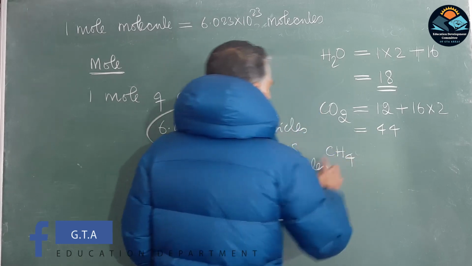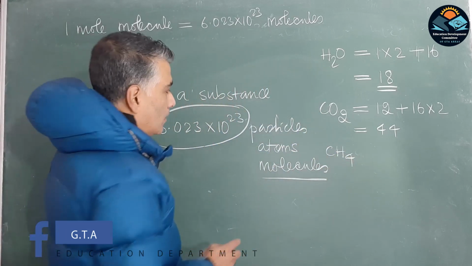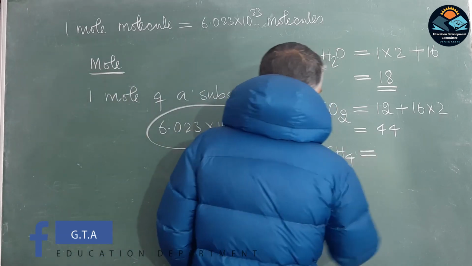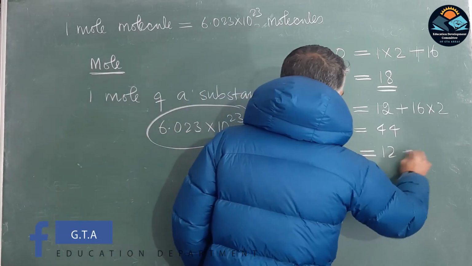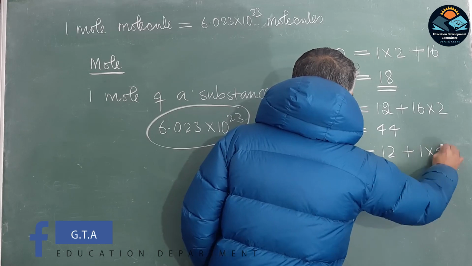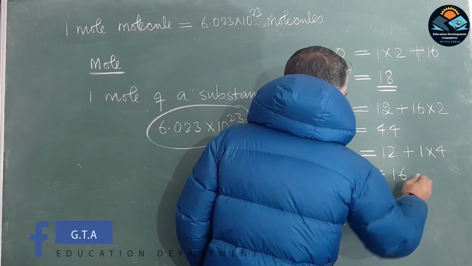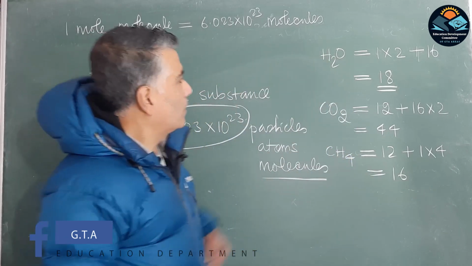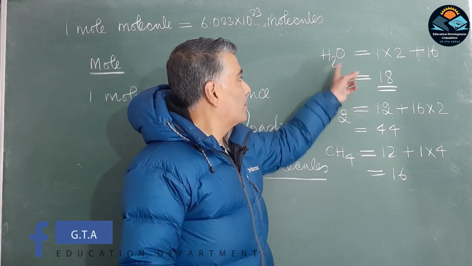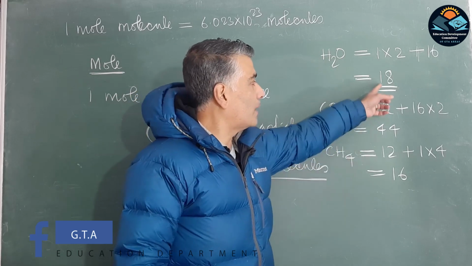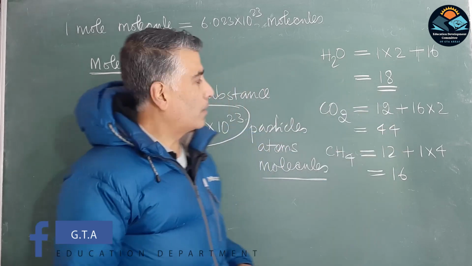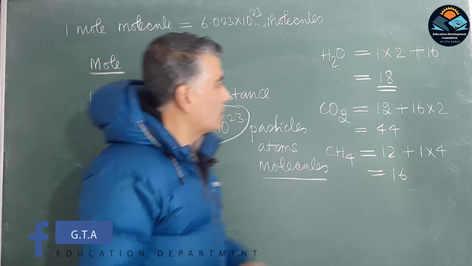Let's say this is a molecule of a hydrocarbon called methane. So its molecular mass is going to be, carbon's mass is 12, hydrogen's mass is 1, but there are 4 atoms present in the molecule of methane. So the net mass is going to be 16. So this way, if you know the molecular formula of compound, we can add the masses of all the atoms present in the molecule to find its molecular mass. So everyone knows how to find the molecular mass.